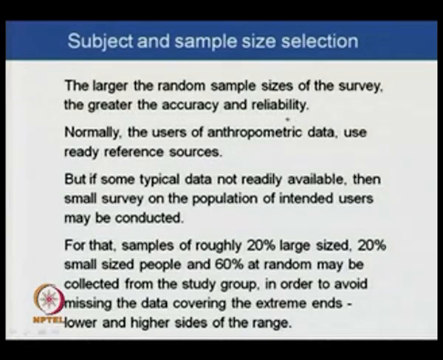Normally, users of anthropometric data use ready reference sources, but if some typical data is not readily available, then a small survey on the population of intended users may be conducted, and for that purpose samples of roughly 20% large size, 20% small size, and 60% random may be collected from the study group, in order to avoid missing the data covering the extreme ends, the lower and higher sides of the range.